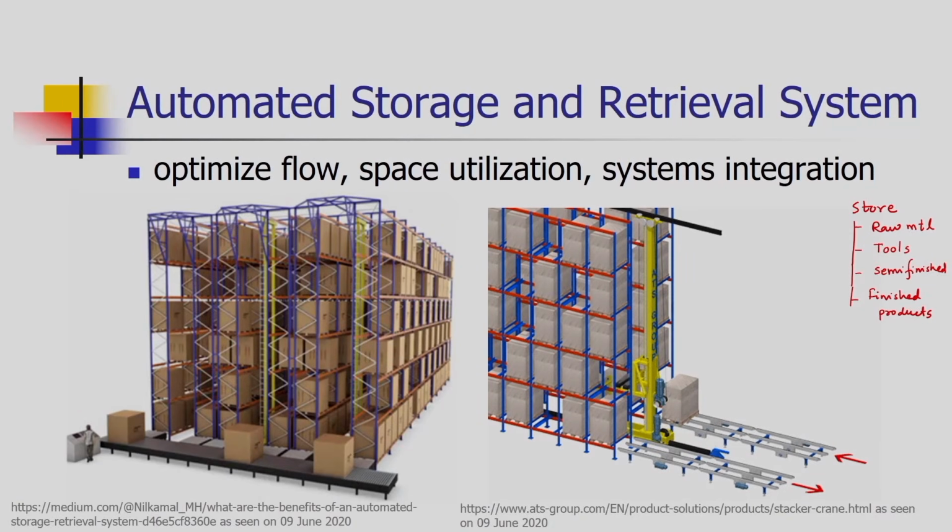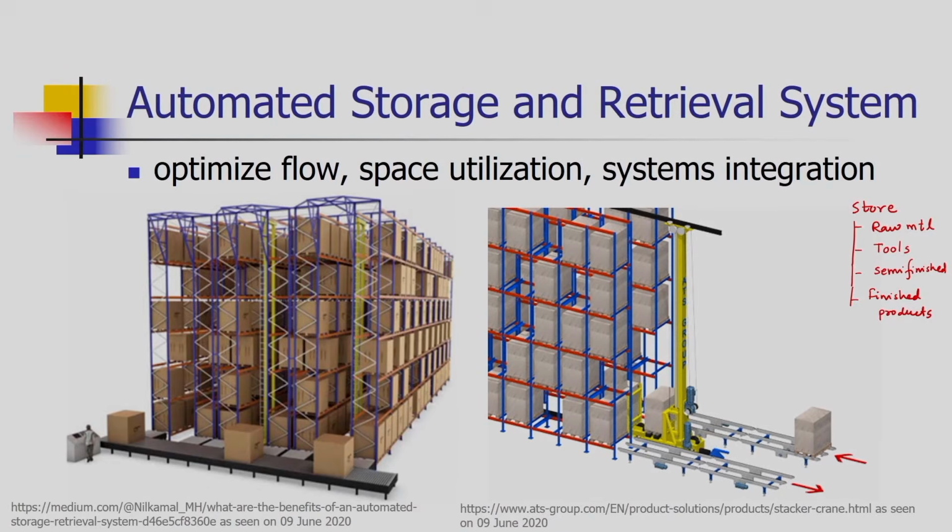When the quantity or volume of these is very high, manual handling of all these materials or commodities is very difficult. So, for that purpose we are taking help of the stacker crane and a storage device.